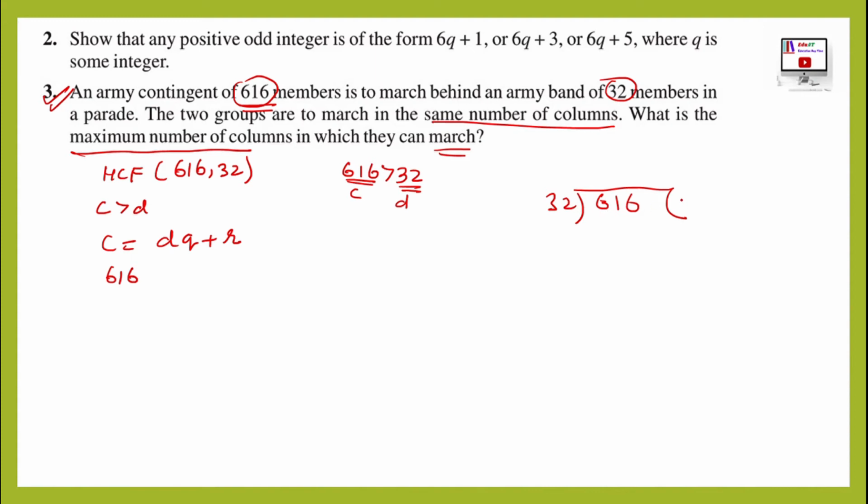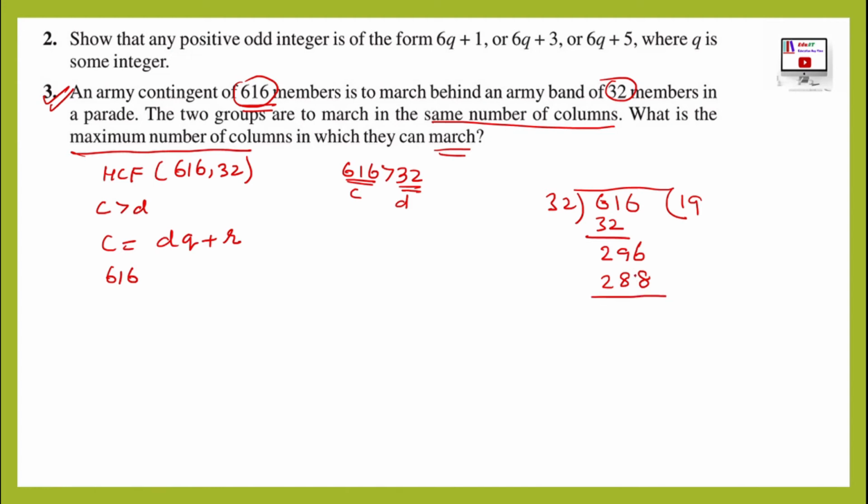So 32 ones are 32 here. Now 616 and this 32. So 9 is remaining here, and now 5 minus 3 is 2. Now 296. So 32 9s are 288.